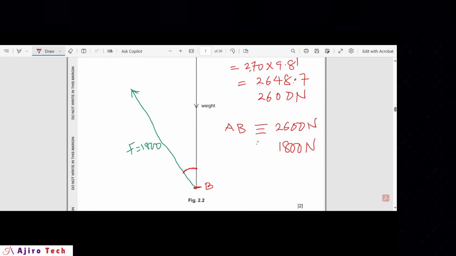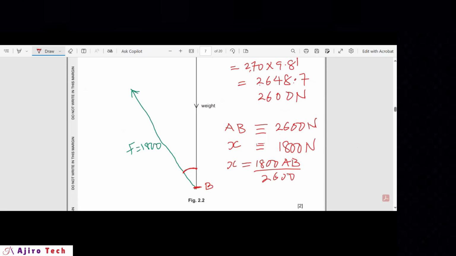Call it X. So X will give us 1800 times the length of AB over 2600.